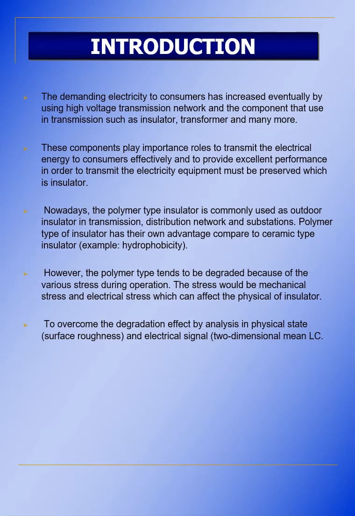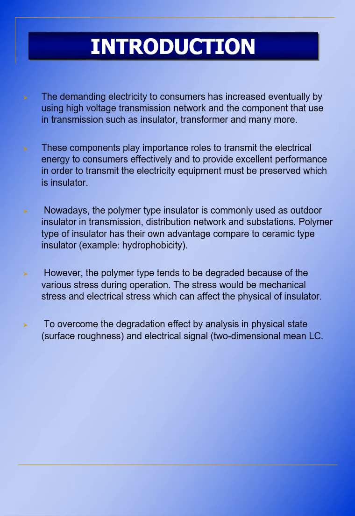Nowadays, polymer insulator is commonly used as outdoor insulator, as it is easy to install and has the special feature of hydrophobicity. However, polymer insulators tend to degrade because of exposure to various stresses during operation.